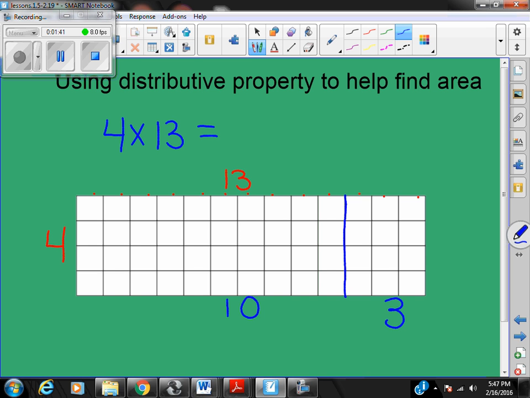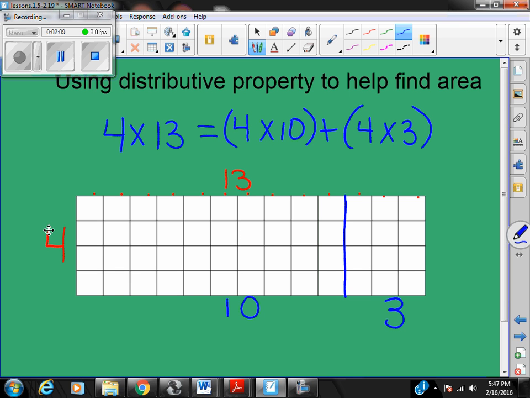Distributive property says that I could take the sum of 2 different numbers. So for instance, I could say 4 times 10 to find the area of that part and add it to 4 times 3. And I can find the product of both of those and then figure out what my answer is.